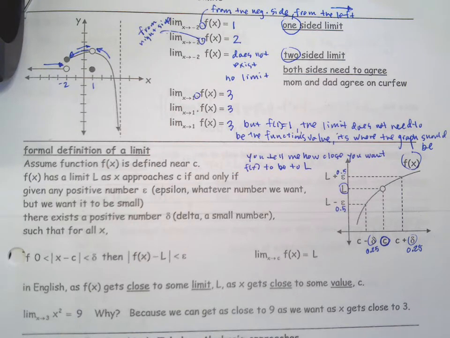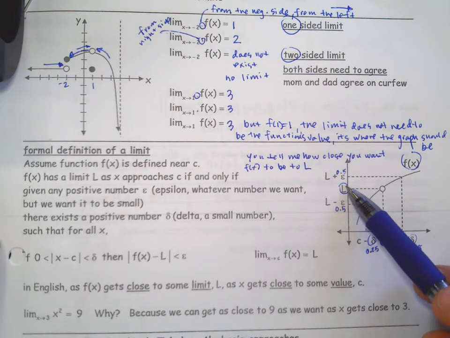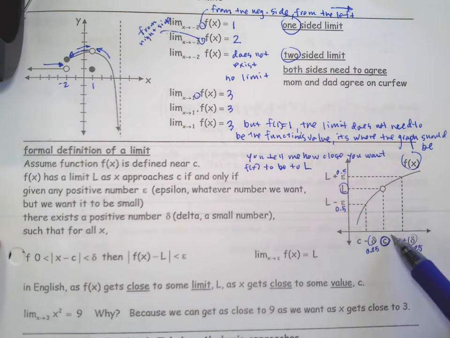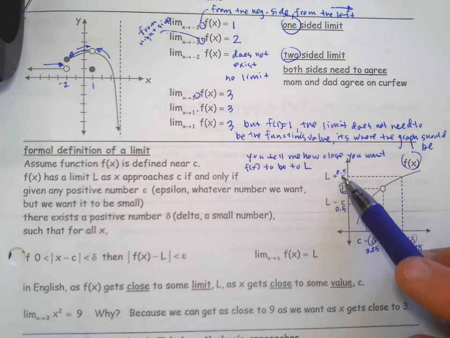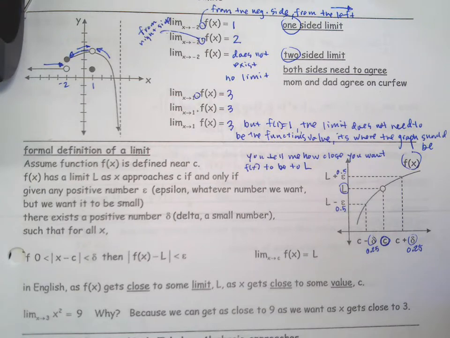If the limit actually exists, we should be able to keep playing this game: you keep giving me tighter and tighter restrictions, and I keep coming up with new deltas, which will inevitably be closer and closer to c. For the limit to exist, we should be able to do this for any range. You should be able to give me any epsilon, as small as possible, and I should still be able to come up with deltas that satisfy your requirement.